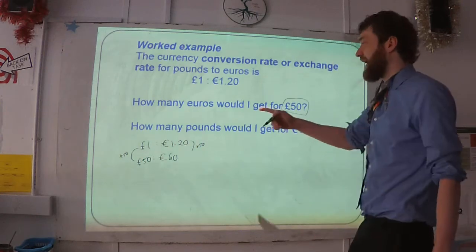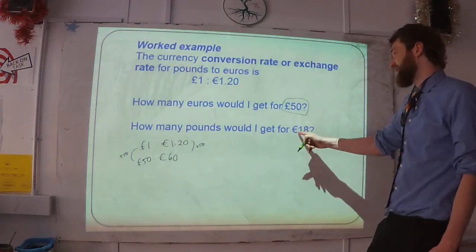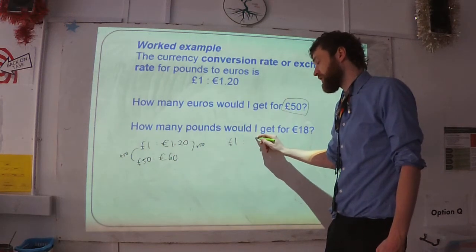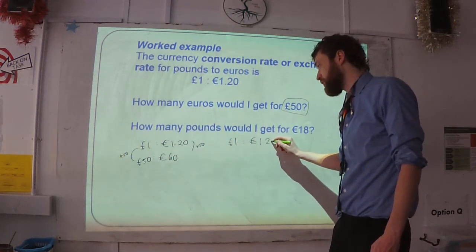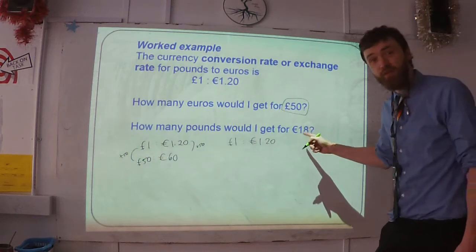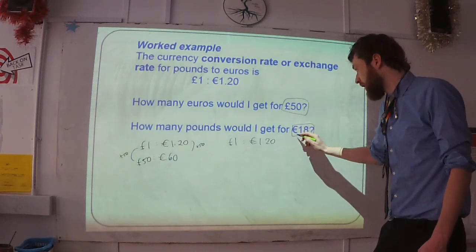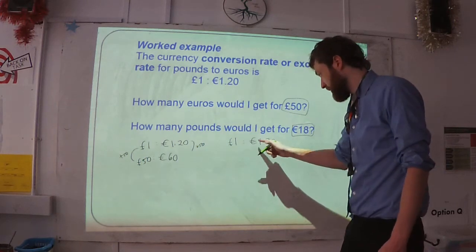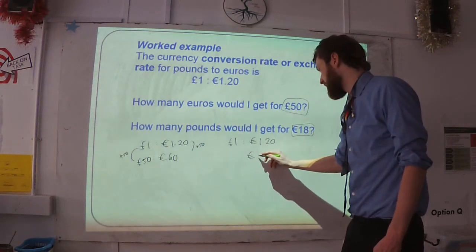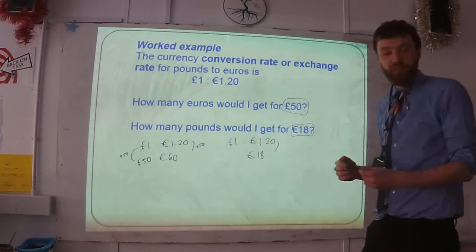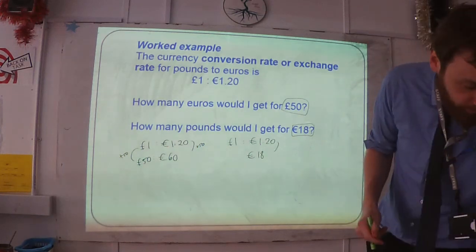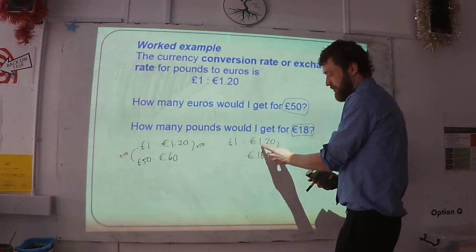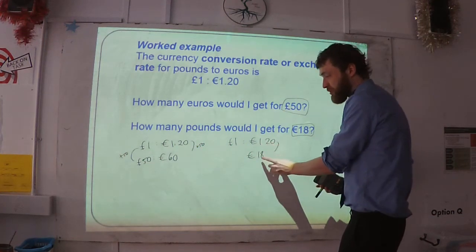Okay? Here, how many pounds would you get for €18? Again, you know the exchange rate is £1 is €1.20. And because they give you €18, you put that underneath the euro section, which is here. Now, similar to direct proportion, guys, this is a bit more complicated because you have to work out how many times €1.20 goes into 18.